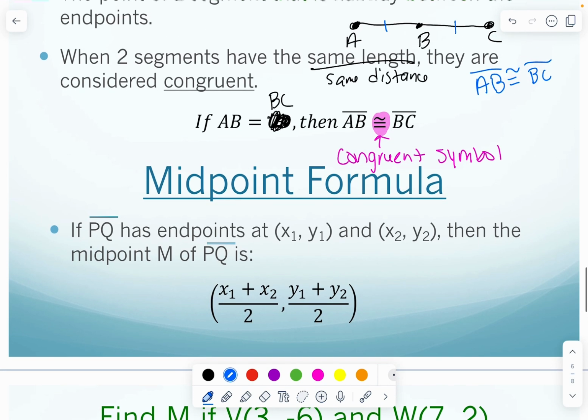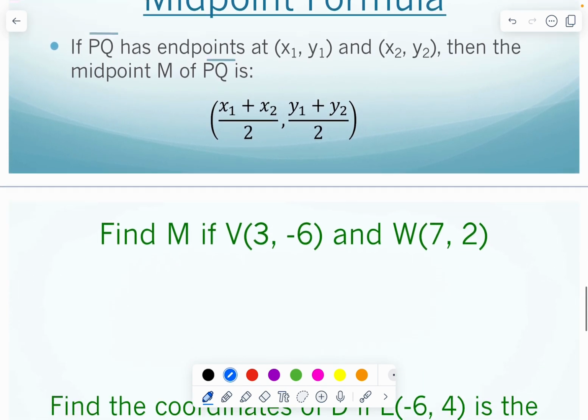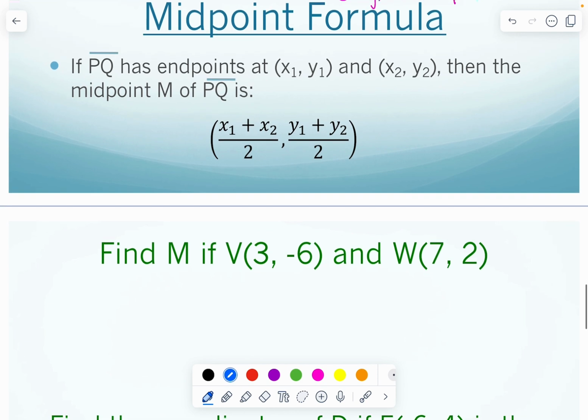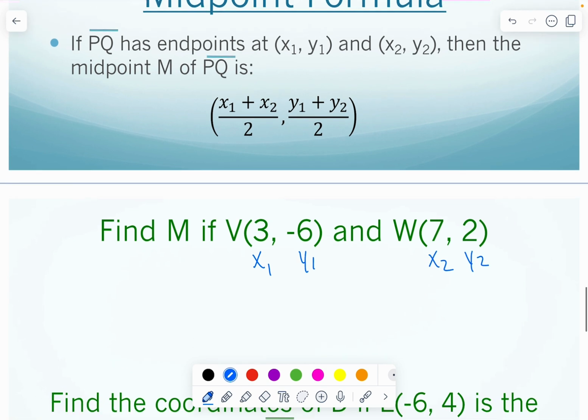We can also use the midpoint formula to find the midpoint if we're using the coordinate plane. Essentially, we find the average of the two numbers. So let's take a look at what this would look like on the coordinate plane. Again, I need to assign values x1 and y1 the same way I did with the distance formula, x2, y2. And then I plug them in. So the midpoint, and typically M is the midpoint, it gives me that in the problem.